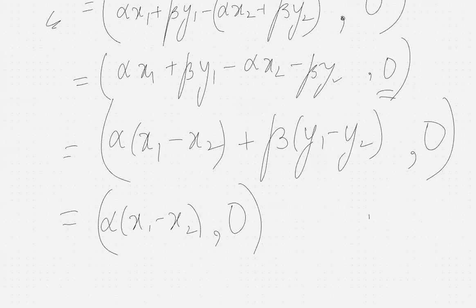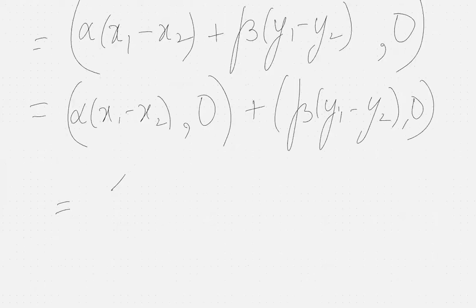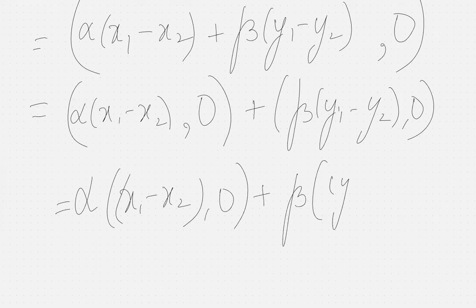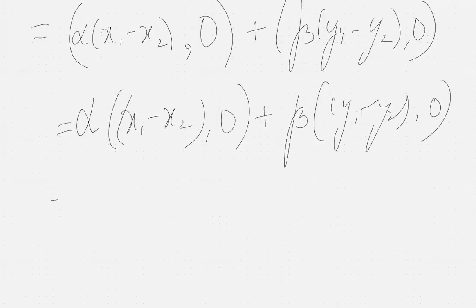So this thing is f of, alpha will come out, one more step, alpha will come out, x1 minus x2 comma 0 plus beta would come out, y1 minus y2 comma 0. Now we can write it down as alpha times f of x1 comma x2 plus beta times f of y1 comma y2. And that is it.